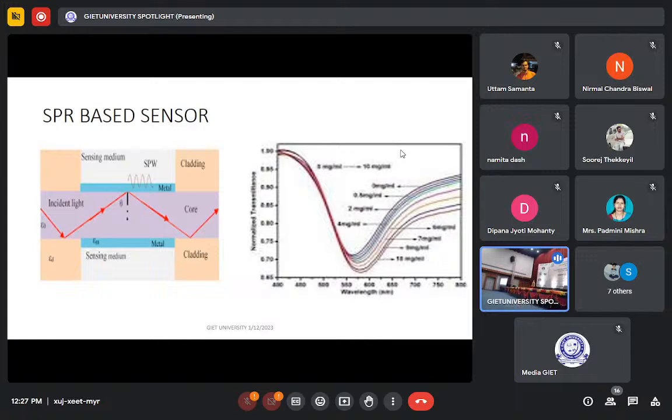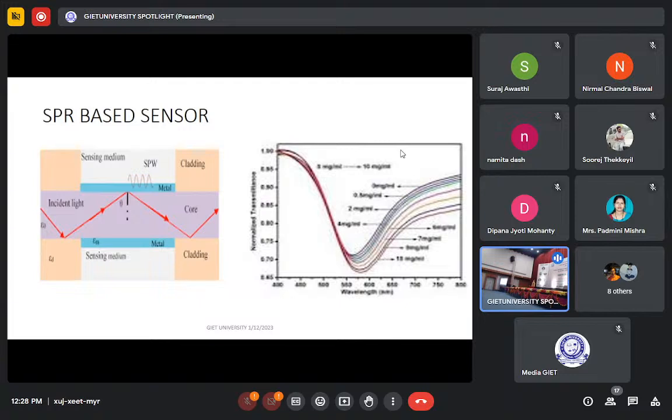This is basically a graph between wavelength and the normalized transmission. As you can see, when you change the concentration, the transmission suddenly decreases at a particular wavelength, or you can also say at a particular frequency. This is where the resonance is taking place.